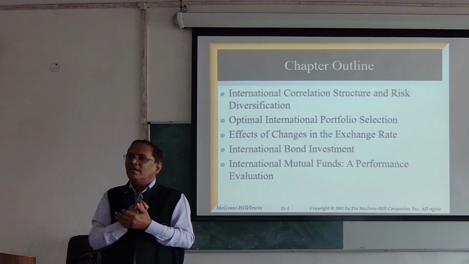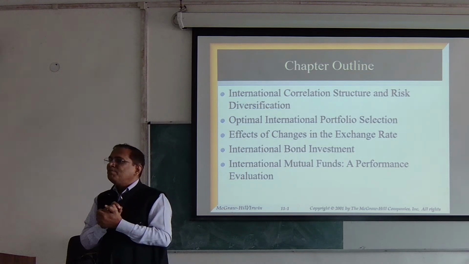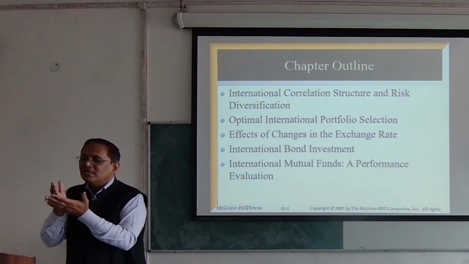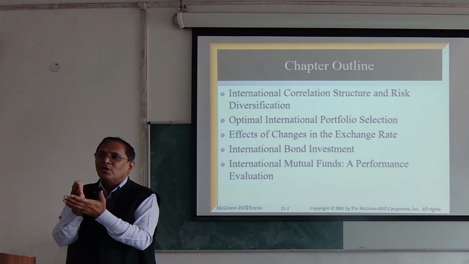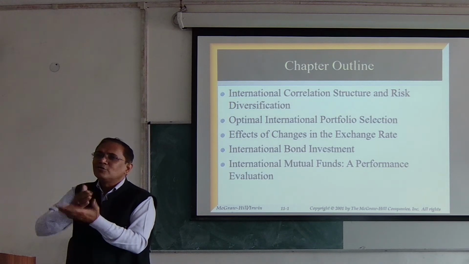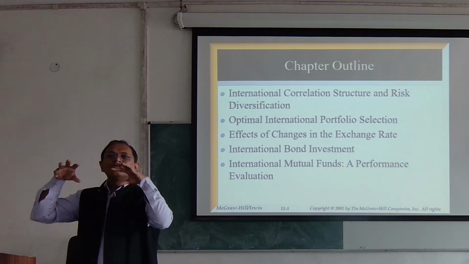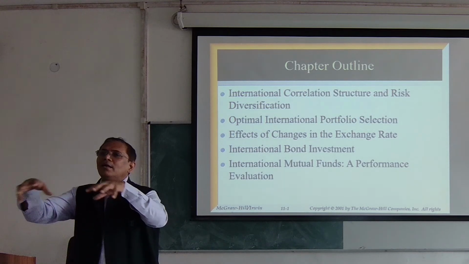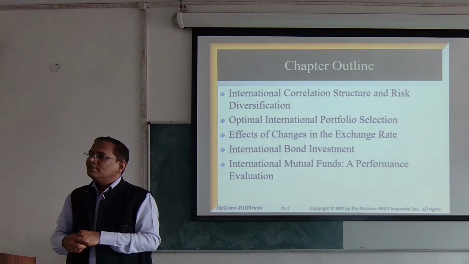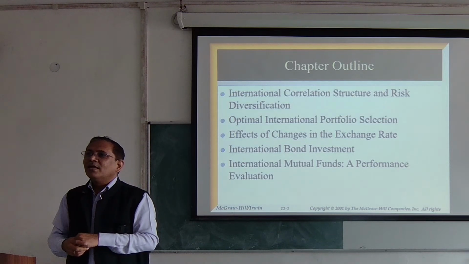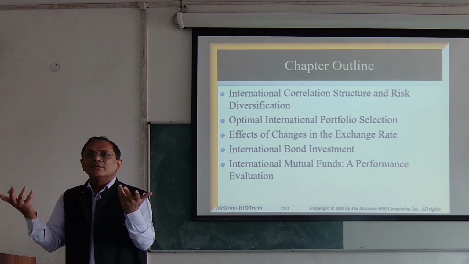What is the generic name? Euro dollar. If dollar is in the USA, it is US dollar. If dollar is out of the USA, in any country, it is euro dollar. So even if dollar is there in India, available for lending and borrowing, it is called euro dollar.